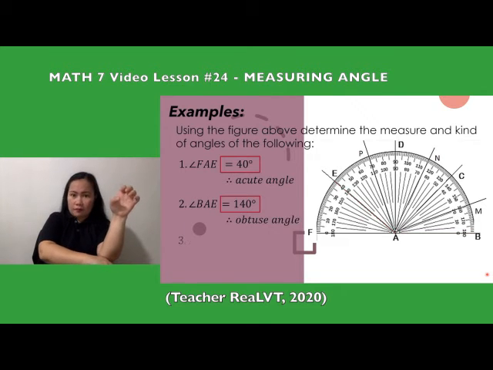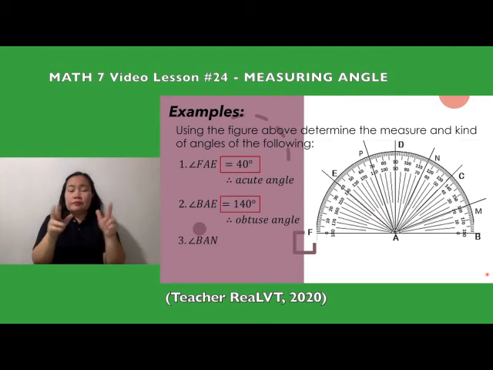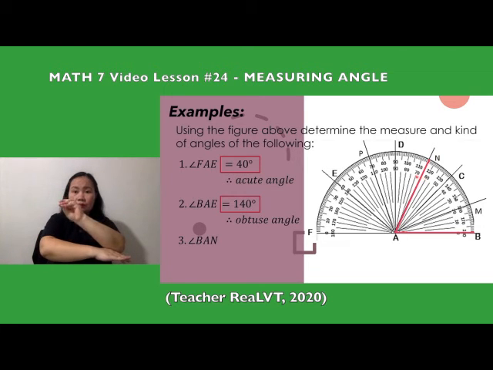So, burahin natin yung mga lines. Third example, angle BAN. AB, so gamitin ulit natin yung inner scale since ito yung 0. And then, AN. Naglay ang ating line or ray sa pagitan ng 60 at 70. Therefore, angle BAN is 65 degrees.